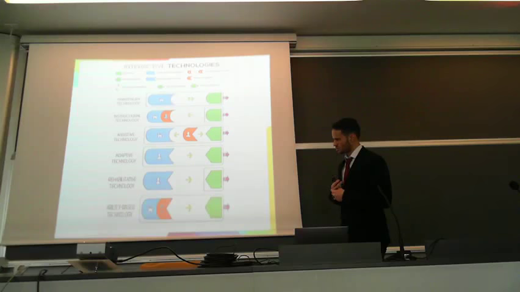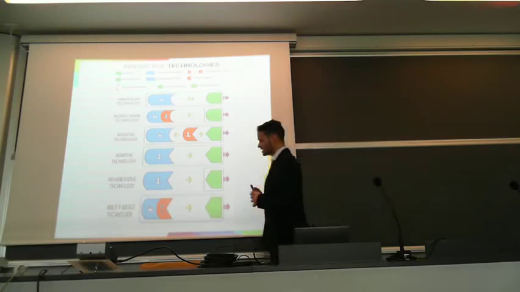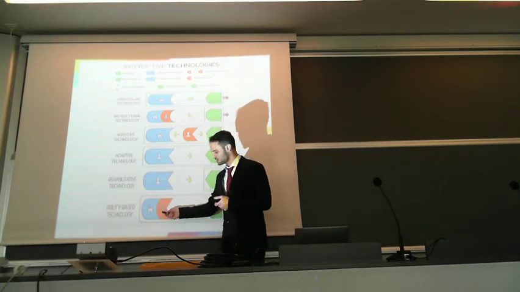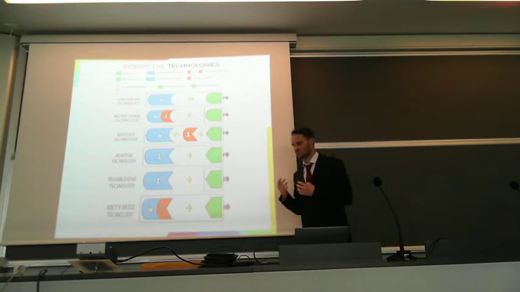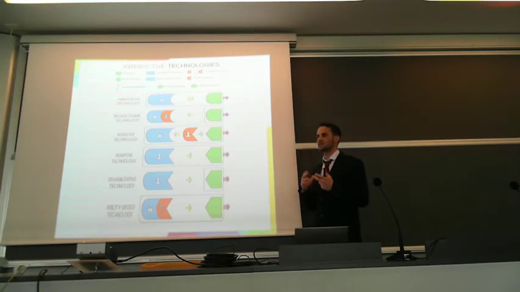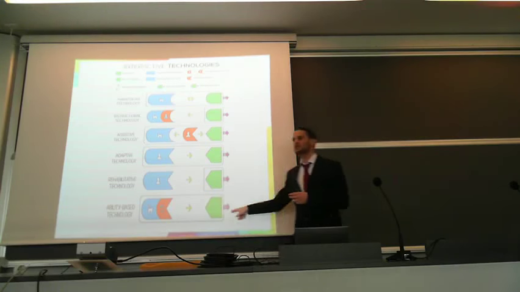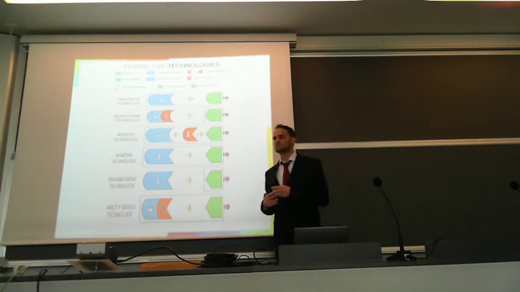In the last years, we also heard about ability-based technology from Wobbrock, who said, I can create something like a control panel at the beginning of the session, in which I track the user, understand how the user is doing, and then at that point, I can adapt automatically to the user.